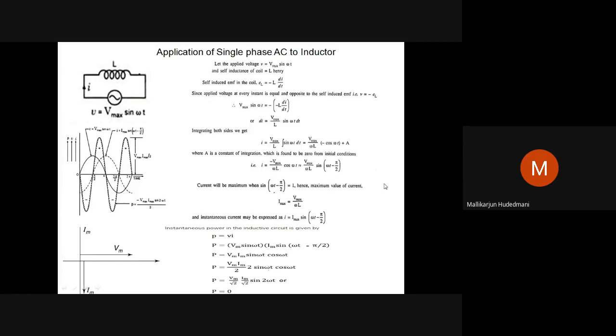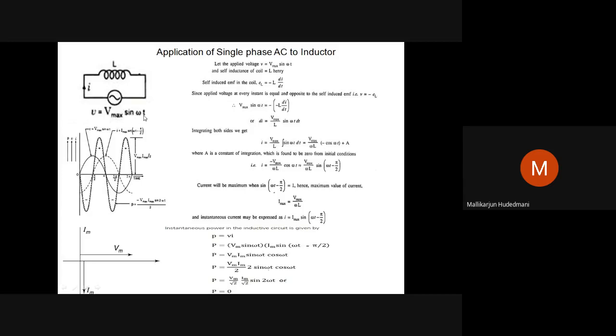Then why is it written, you might ask me? Because applied voltage is sinusoidal. How does the current result? I want to correlate. To correlate that, I got I equals Vm by omega L sine omega t minus pi by 2. I resulted in a sinusoidally varying quantity, with omega t as a progressing velocity, and a phase difference of pi by 2 with respect to input.